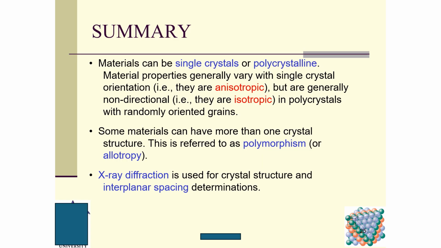And the fourth form of carbon is carbon nanotubes. You need to know that these are basic facts. And then we talk about X-ray diffraction, which can be used for crystal structure and interplanar spacing determination.